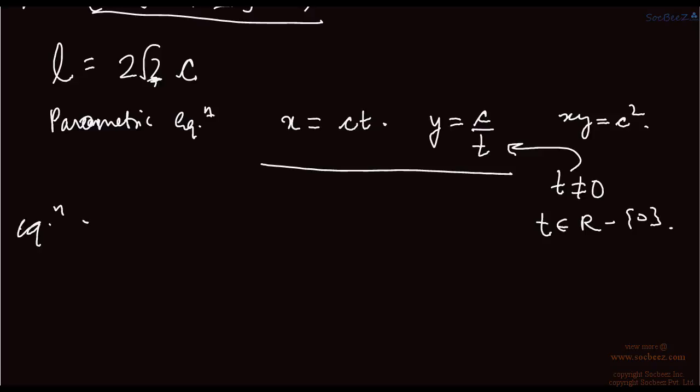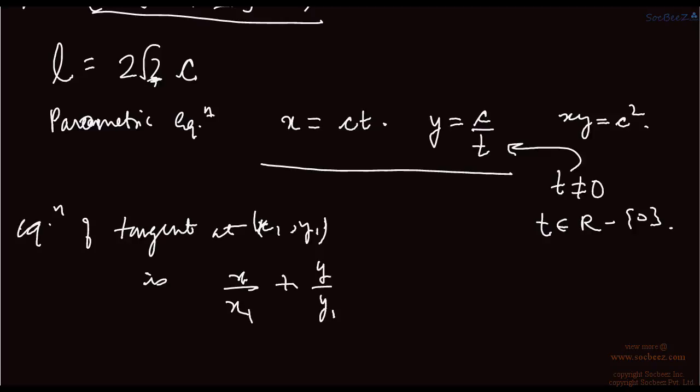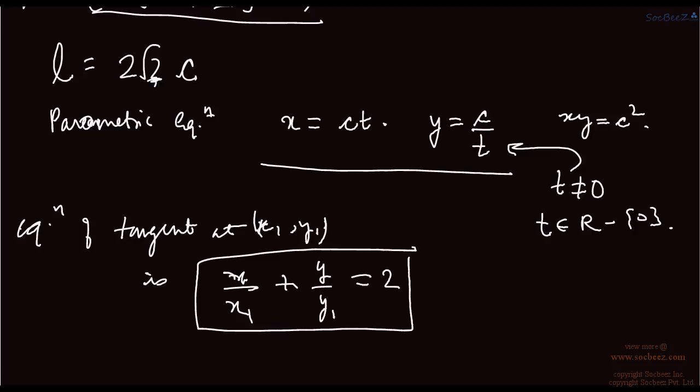Now equation of tangent for this hyperbola at, let's say, x1 comma y1 is x by x1 plus y by y1 is equals to 2. Okay, remember this.